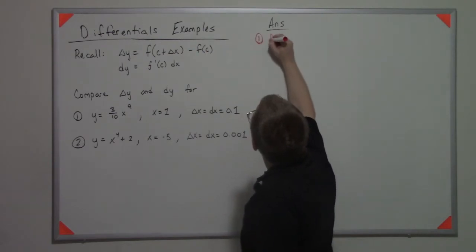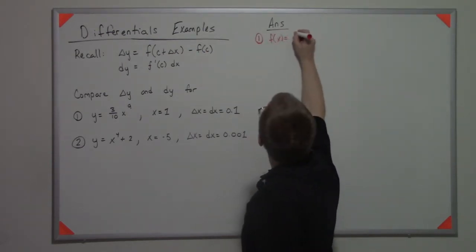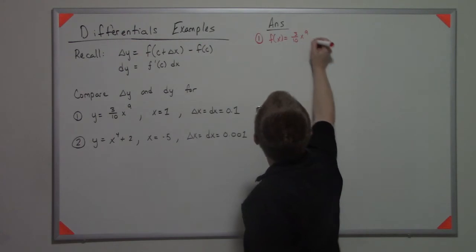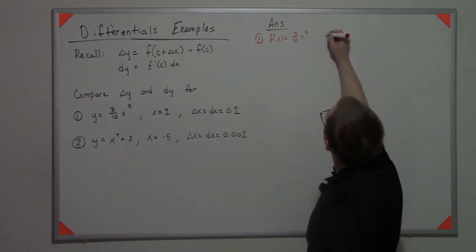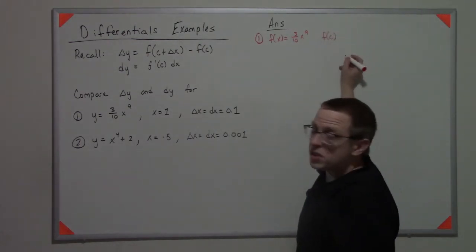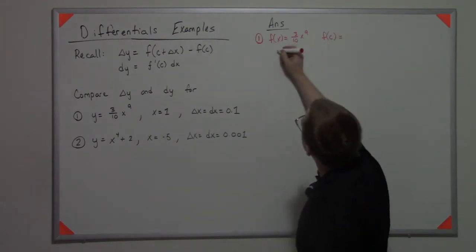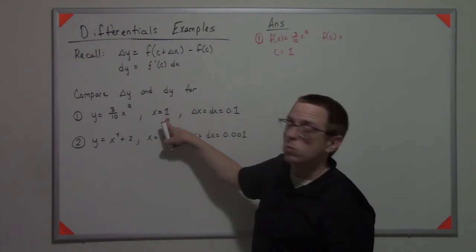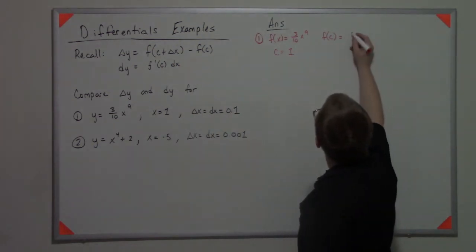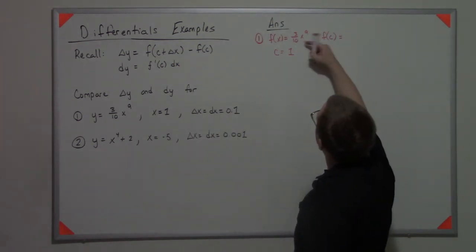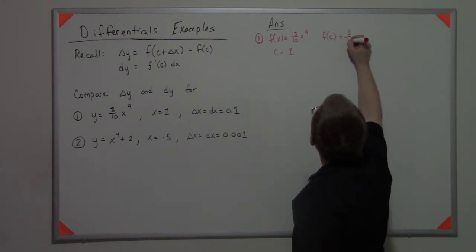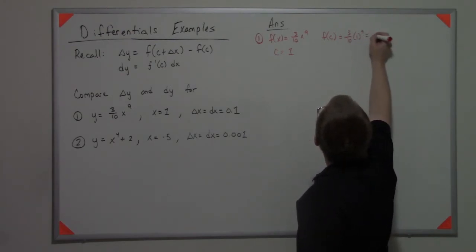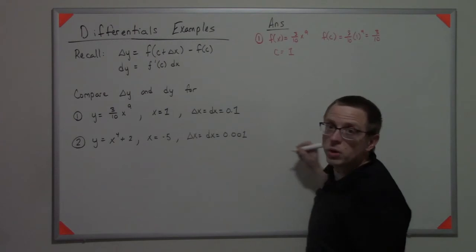In this particular case, f of x is 3/10 x to the 9th. We know that c is 1. That's our starting point. So f of c is 3/10 times 1 to the 9th, which is 3/10.